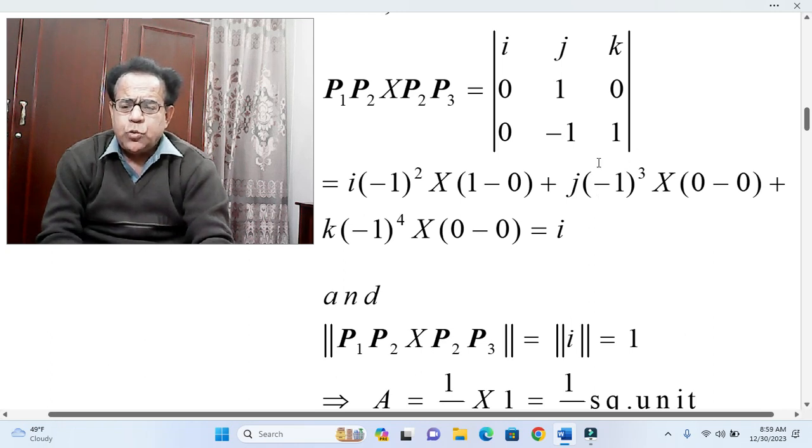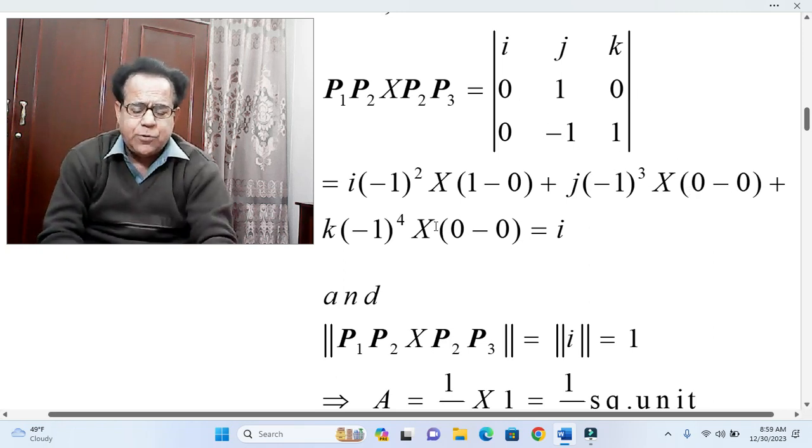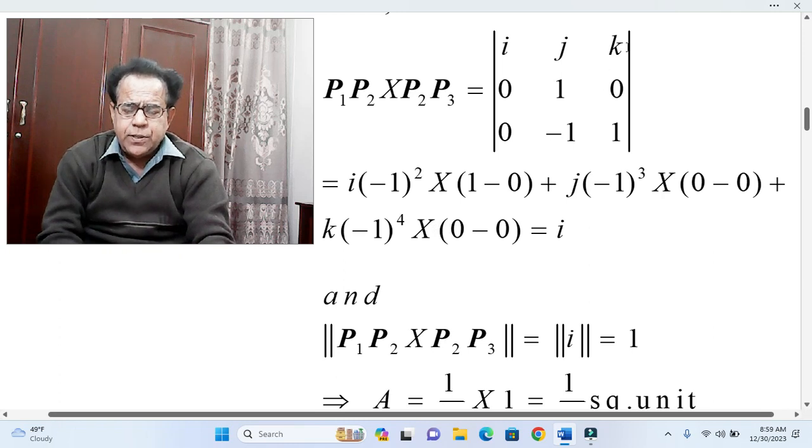In j, the value is 0 minus 0. Similarly with k, minus 1 raised to the power 4, the third column and first row are omitted, so 0 minus 0, and hence after simplification it finally becomes equal to i.